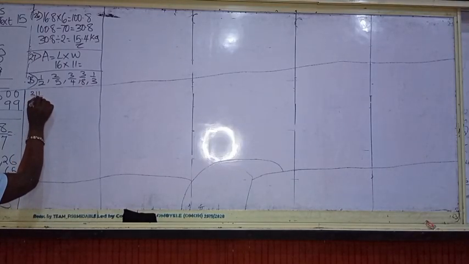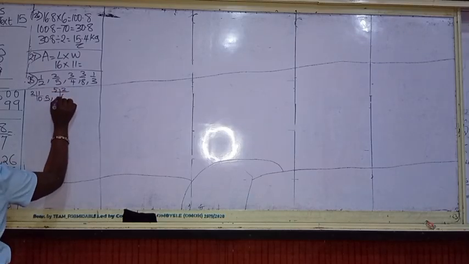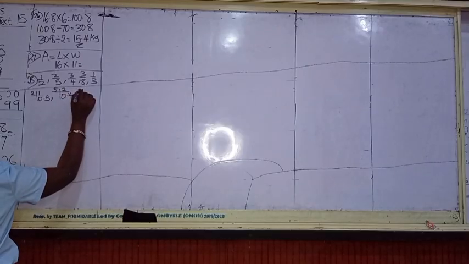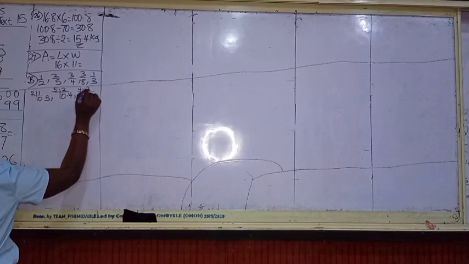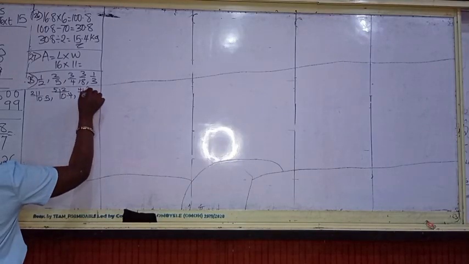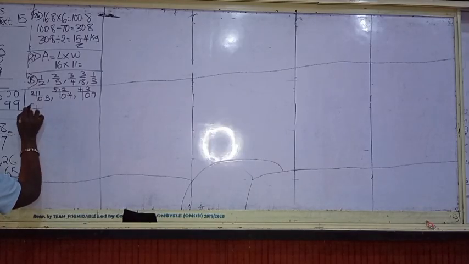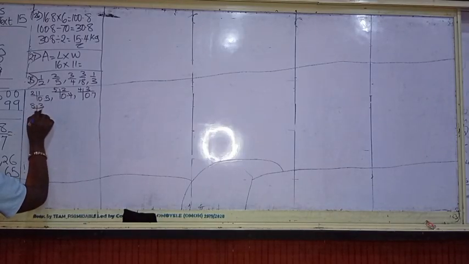Can it go? No. Borrow 1, that is 5, and this is 5, this is 2. Can it go? No. Borrow, making 20, that is 4. So this is 4, this is 3. Can it go? No. Borrow 4 in 30, that is 7. And so the last one, we have 3/8. Can it go? No. 8 in 30, that is 3.